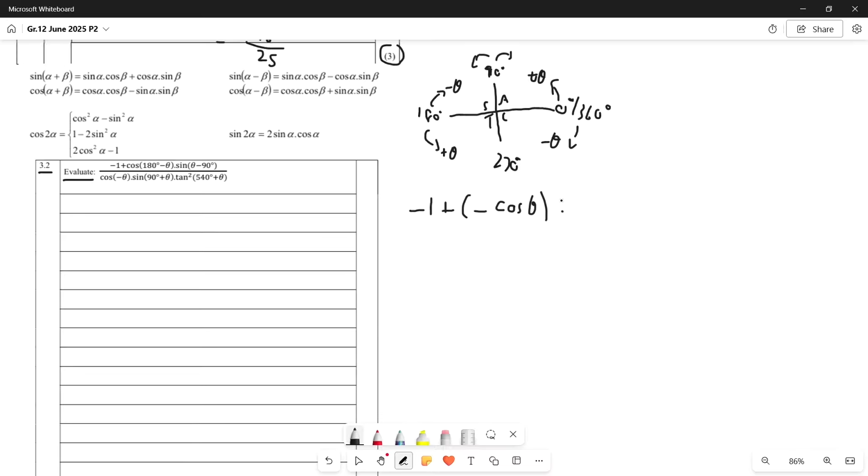And then this is times sine of theta minus 90. Okay, so theta minus 90 is almost a cofunction, but it's not in our normal form of 90 minus theta or 90 plus theta. So what this means is that the best move for us would be to take a negative out so we can then swap our 90 and our theta.